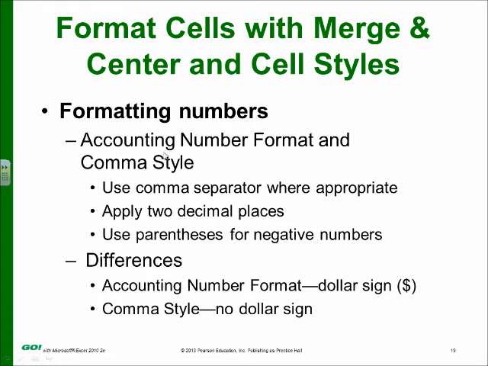The difference between these two styles, however, is that an accounting number format will have a $ where indicated, and a comma style will have no $ sign. Both will have 2 decimal places. The accounting refers to currency of some kind. Comma style is either referring to something that has already been indicated as currency or something that is not currency and is simply a count of items.